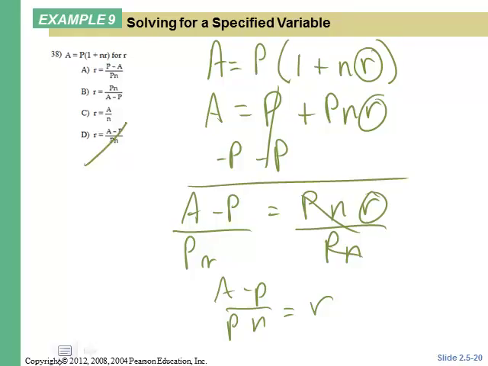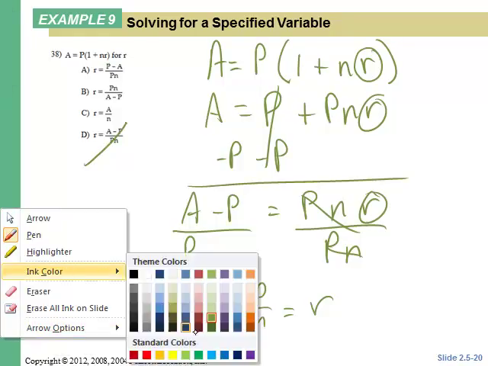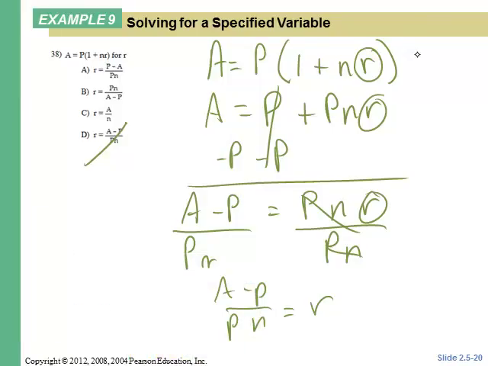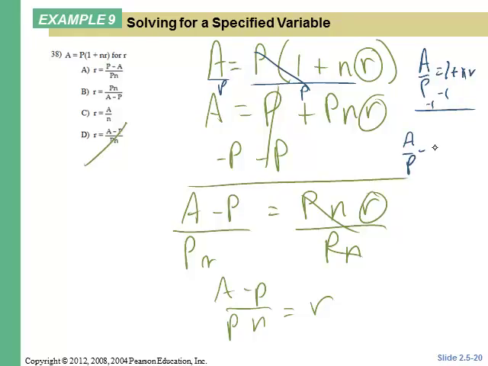Now I'm going to do that one the other way to show you that I would have gotten the same answer. So the first thing I would do is divide both sides by P, and I would get A over P equals 1 plus NR. Subtract 1 from both sides, and I get A over P minus 1 equals NR.